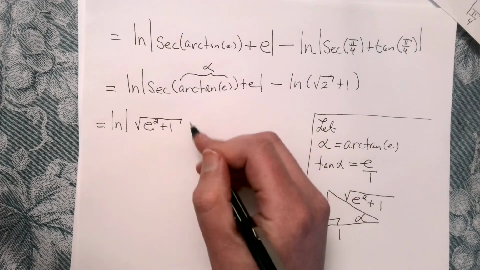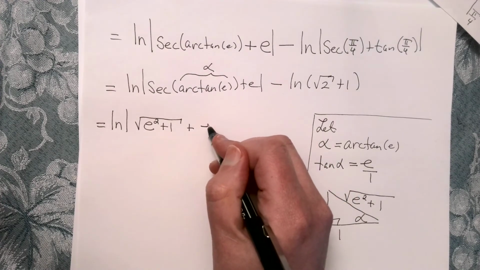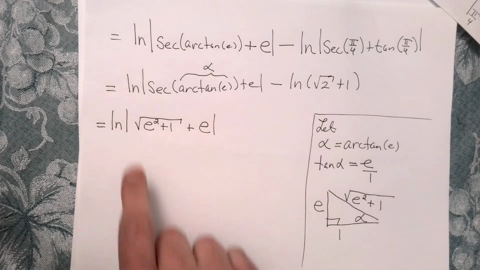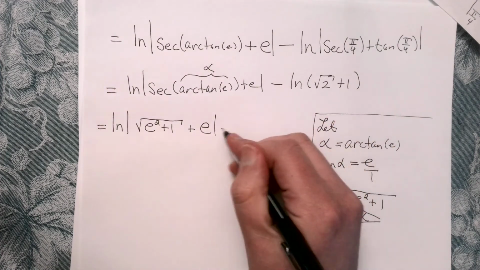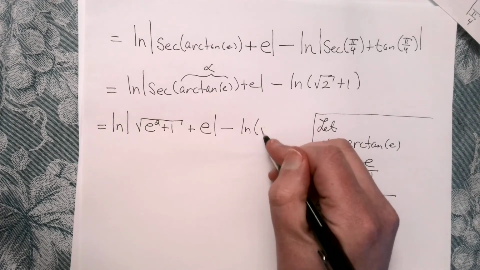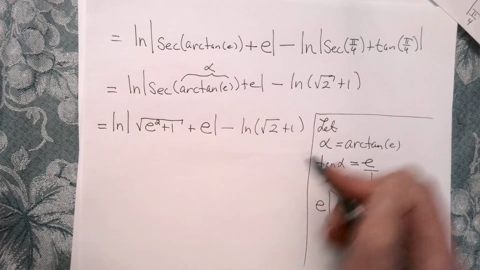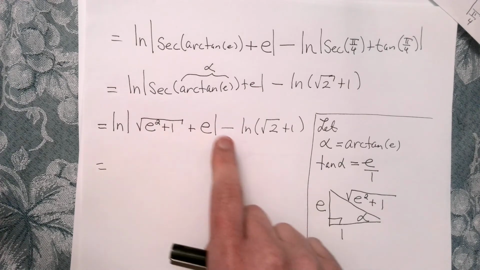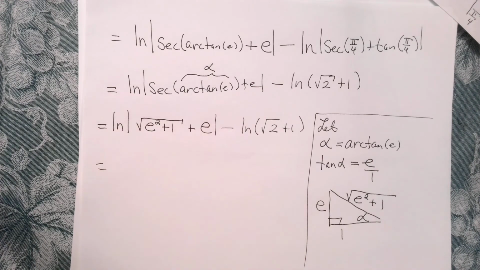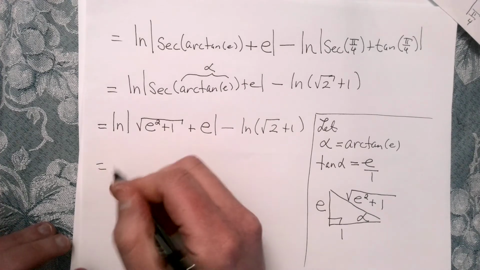And from before we have this plus e. We could also make the observation that this quantity is positive, so we don't need absolute values. And so by properties of logarithms, right, the difference in logs is the log of a quotient, we have the following.